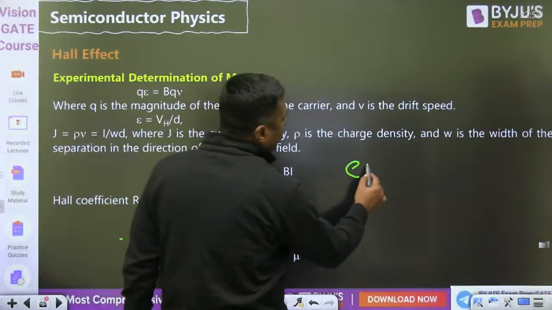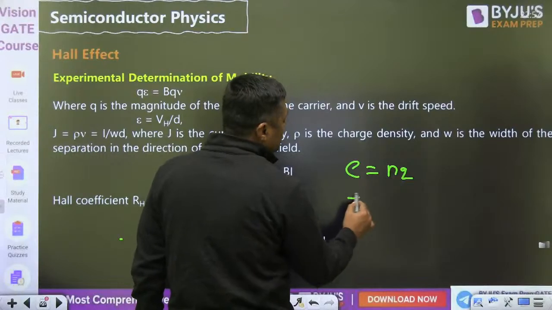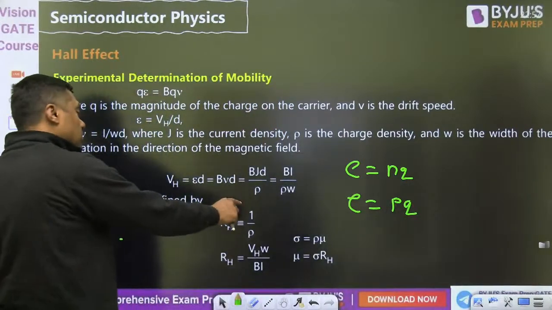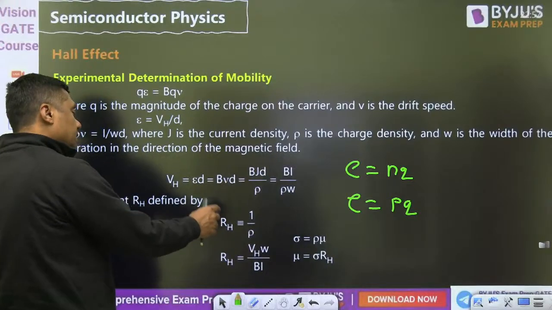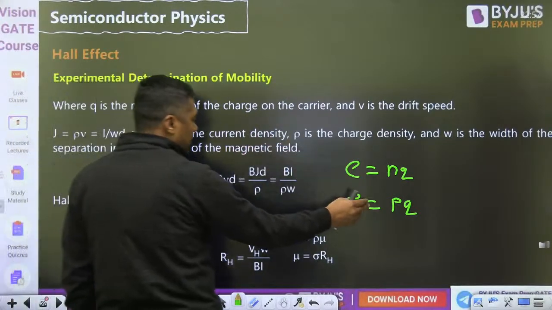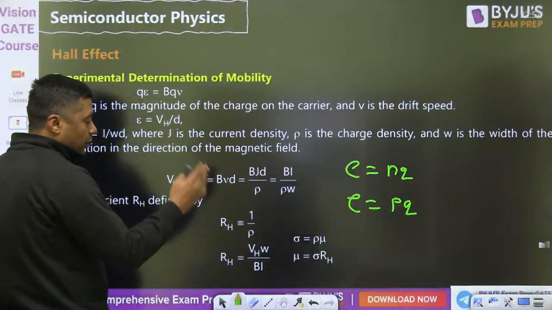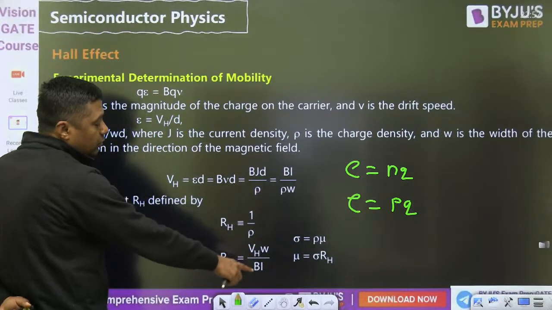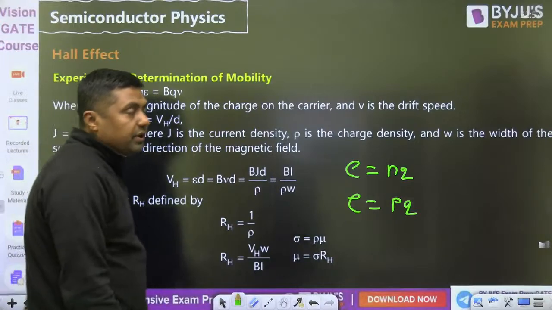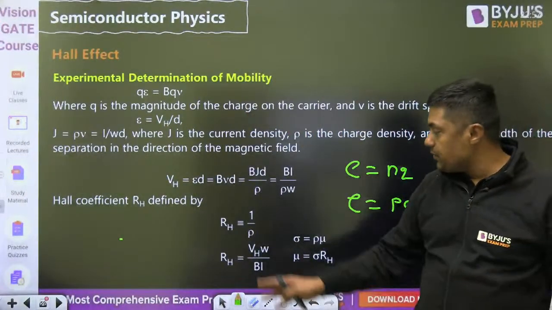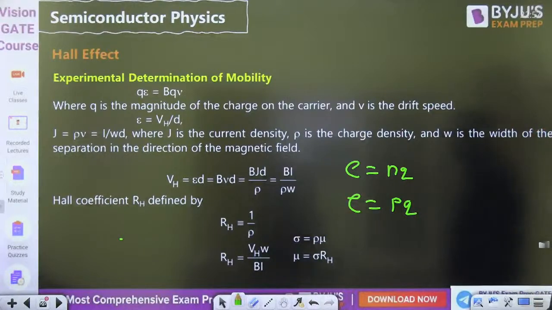If it is N type, it will become NQ. If it is P type, then it will become PQ. 1 by rho is called the Hall coefficient. You can find rho, then you can find N or P. You can also tell whether it is N type or P type. And the Hall coefficient is also given by Hall voltage into W upon B into I. B is the magnetic field and I is the current. So that is the important formula for Hall effect.